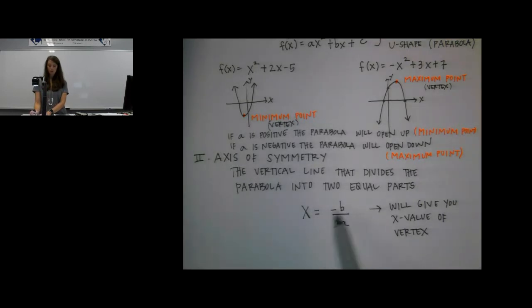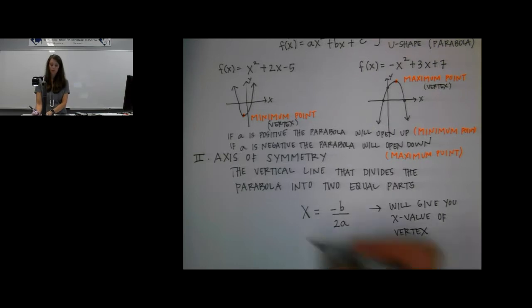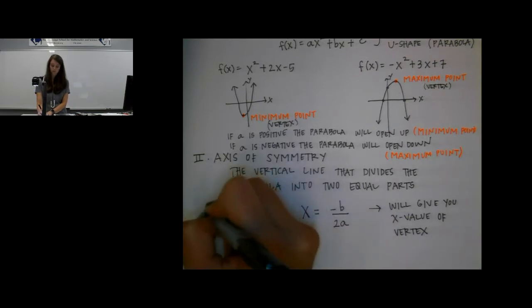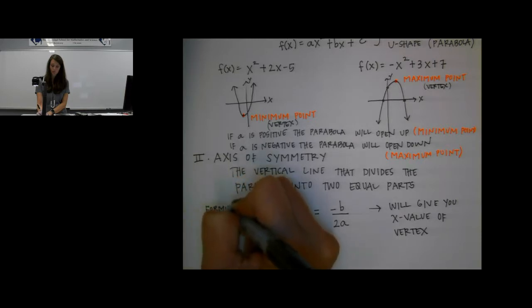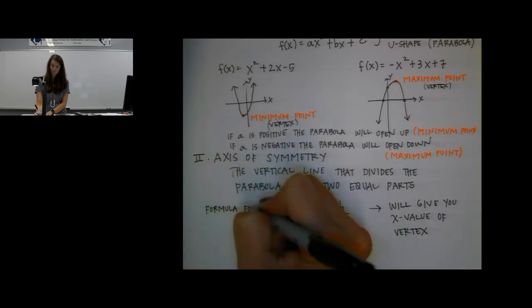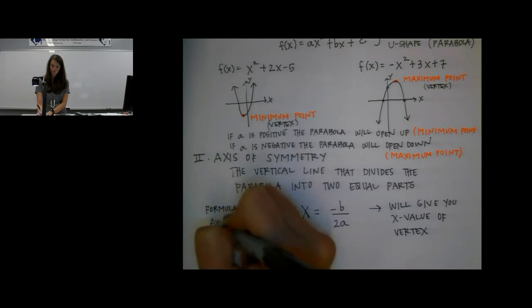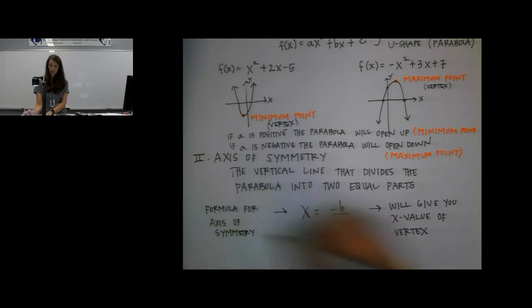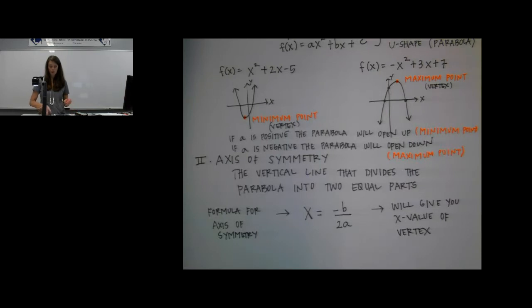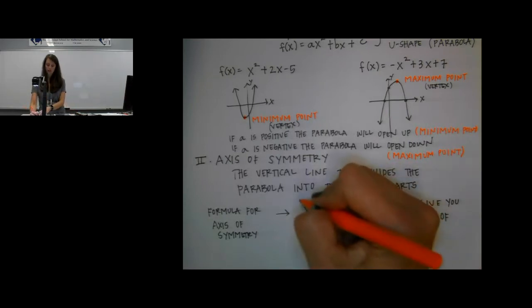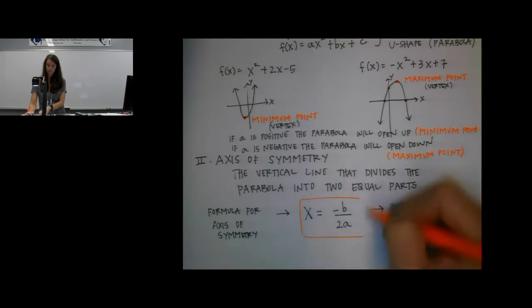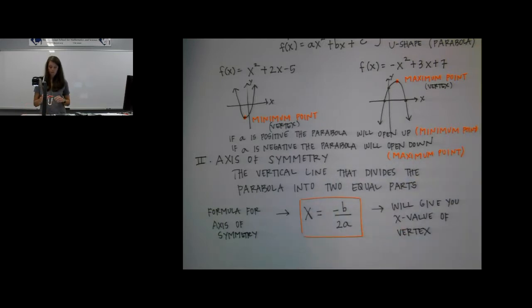This is the formula for axis of symmetry, but it also gives you the x value of the vertex.